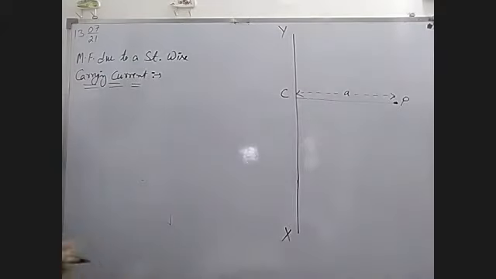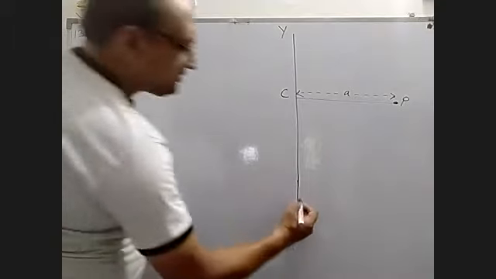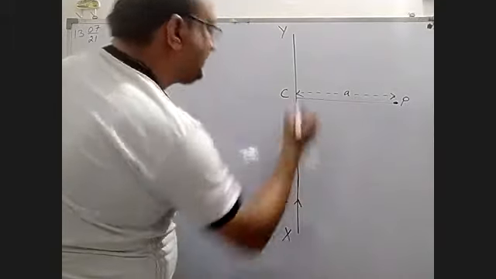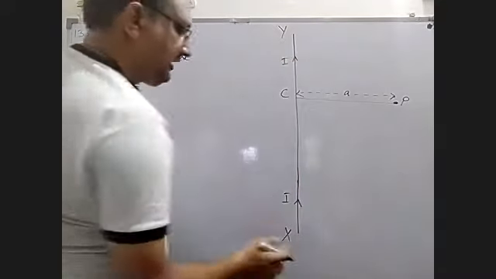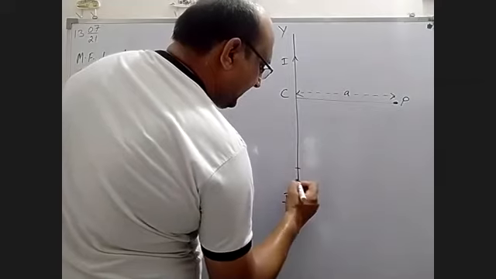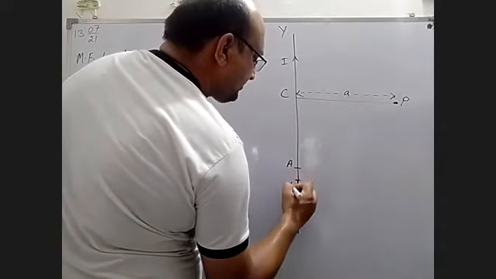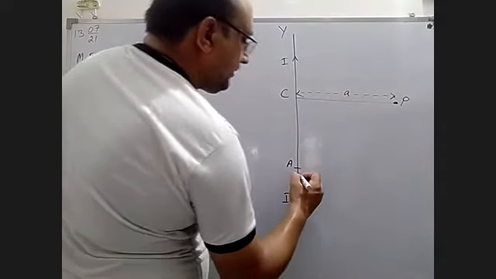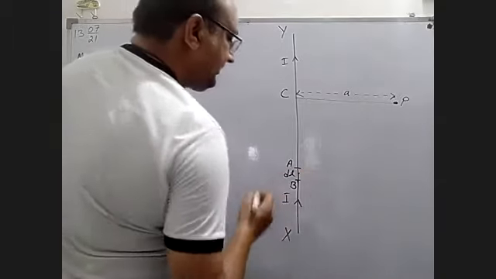Suppose a current I is flowing from X to Y; you can take any direction. Now let us take a small element AB, and this is dl.